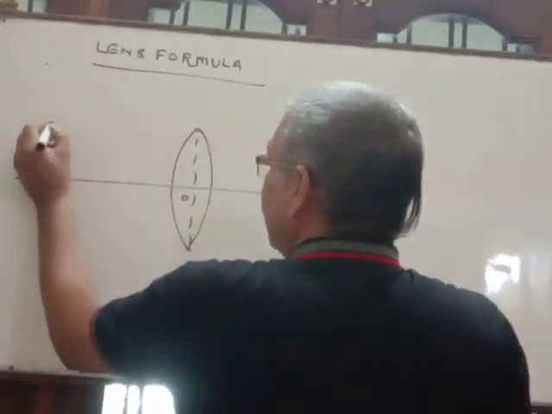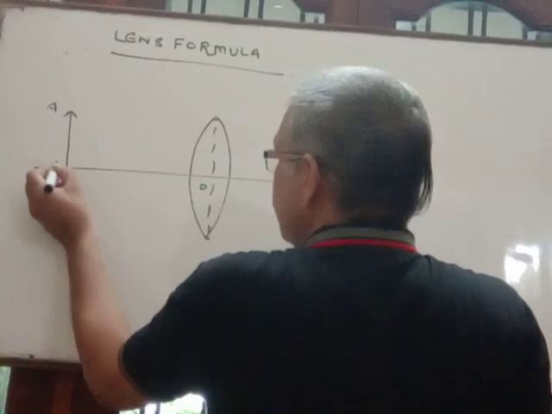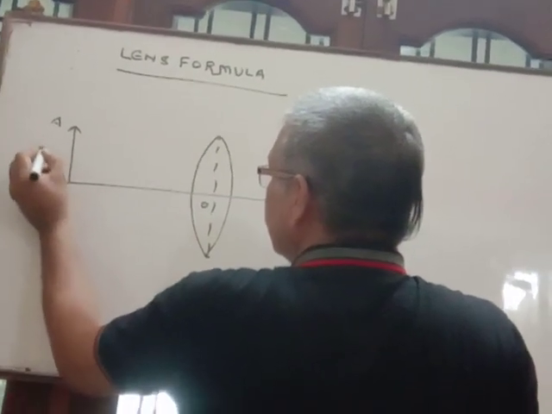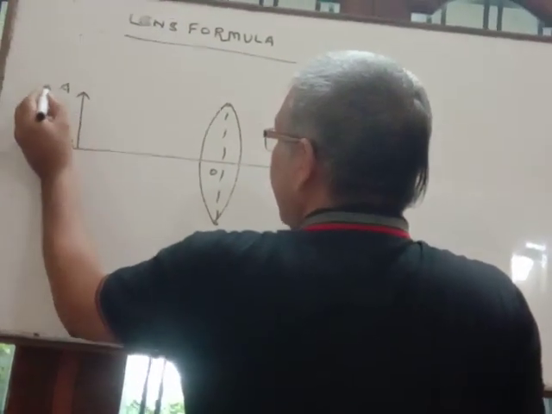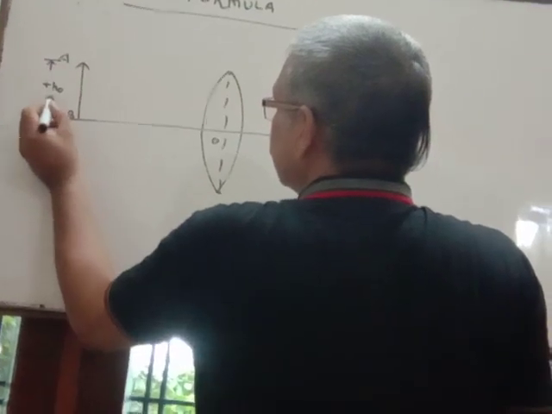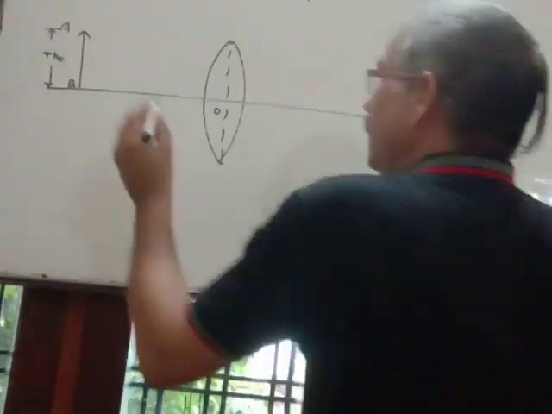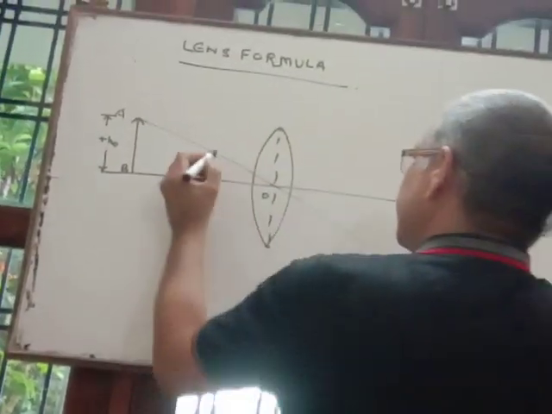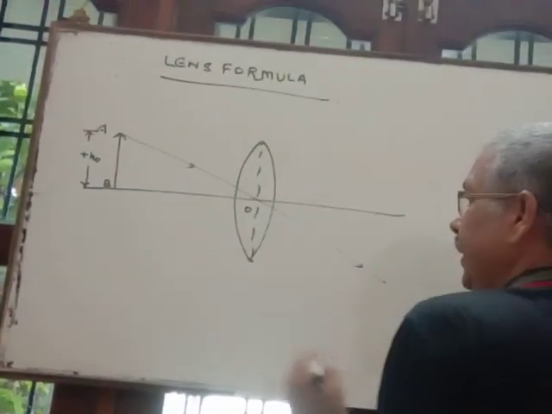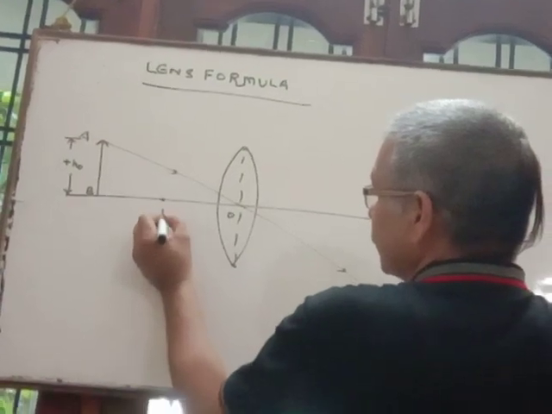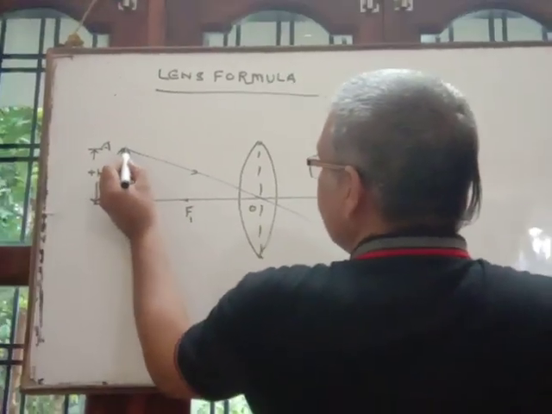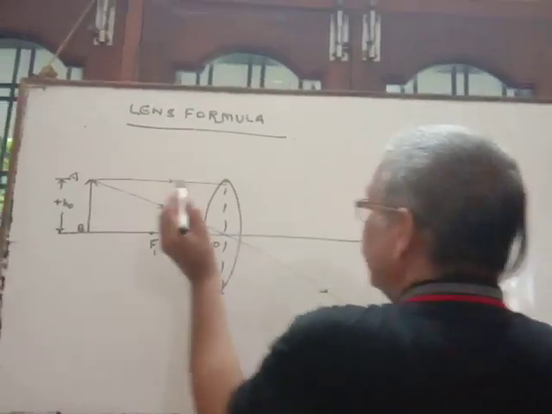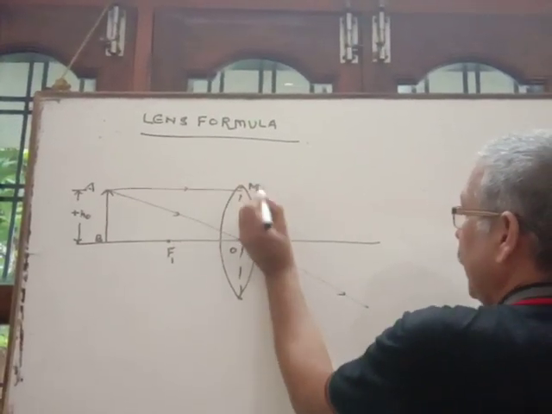It is an object AB of height HO. One incident ray coming from A gets incident directly at the optical center, so it passes without any deviation. Let it be F1. Other incident ray coming parallel to the principal axis, let it be AM.